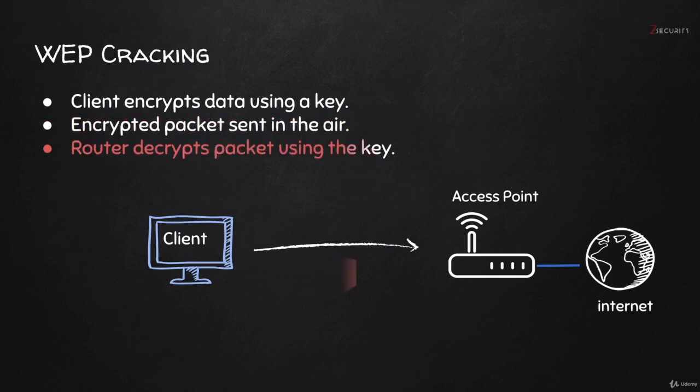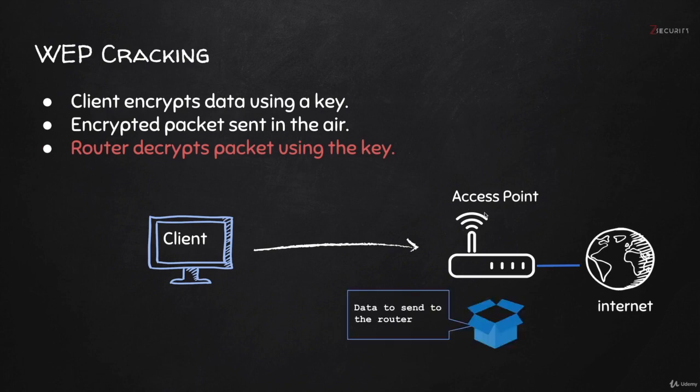The access point will receive this encrypted packet and it'll be able to transform it back to its original form because it has the key. Therefore, it'll actually be able to read the contents, which is "data to send to the router". The same happens if the router wants to send something back to the client. It'll first encrypt it using a key and send it to the client.